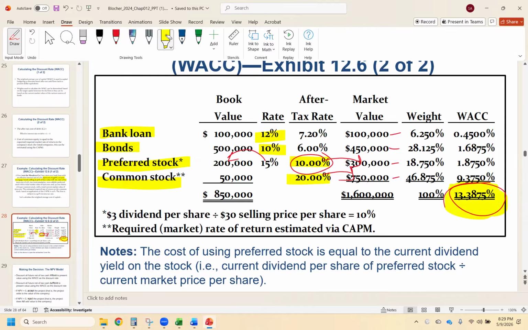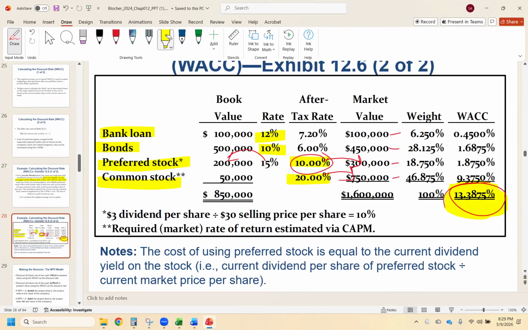That's how much they are paying for the money that they're investing. So if they have to borrow money for the investment, they're effectively paying 13% on that money that they have. So if they're going to invest it, they need to earn more than 13% or 13.3875%.